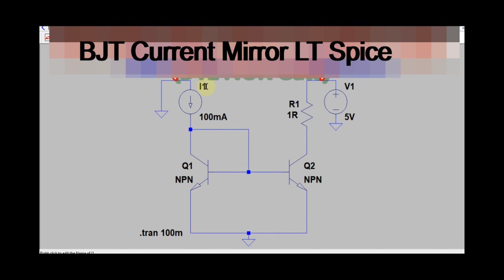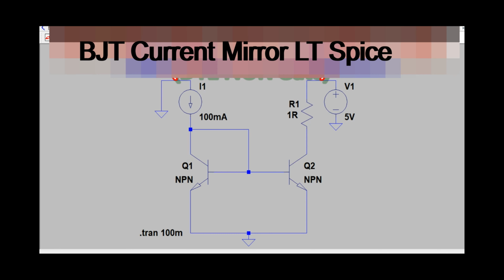So I1 equals IC plus IB1 plus IB2. Since we assume there is no difference in the transistor gain, the current flowing through this transistor would be the same.